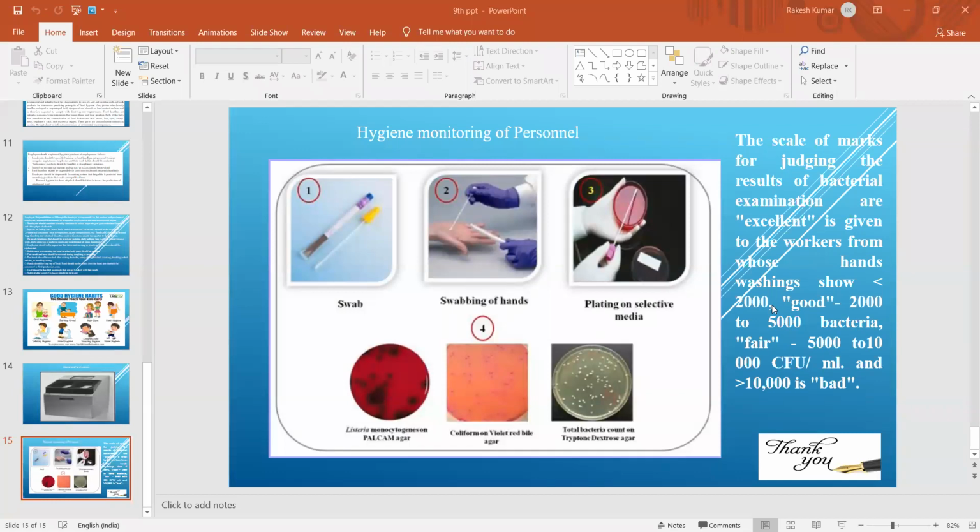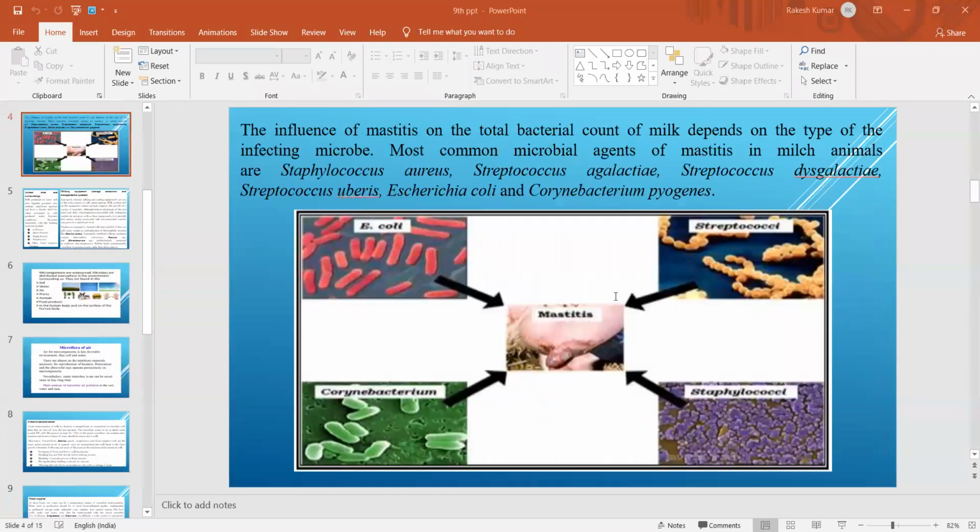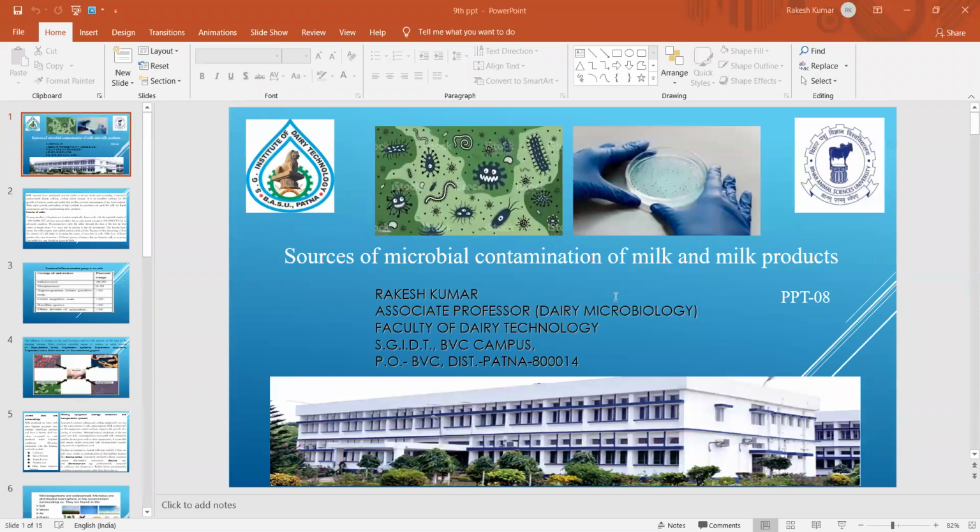It is excellent. Good is 2000 to 5000 bacteria. Then fair is 5000 to 10,000 CFU per ml. And if it is more than 10,000, it is bad. So automatically, clean hands are very much essential for maintaining the whole system.